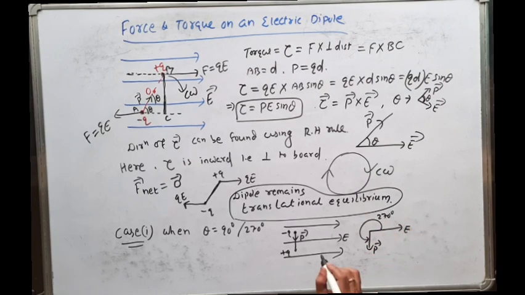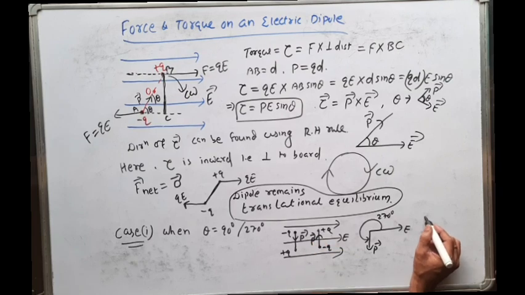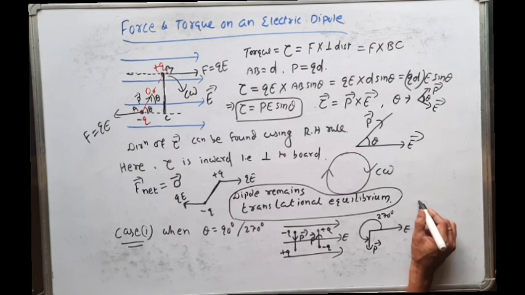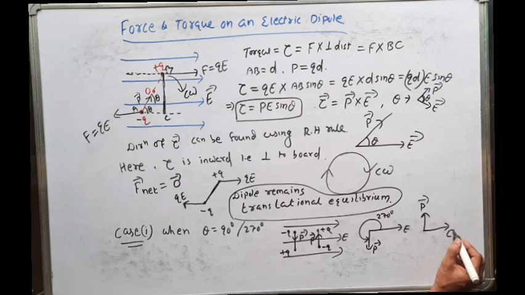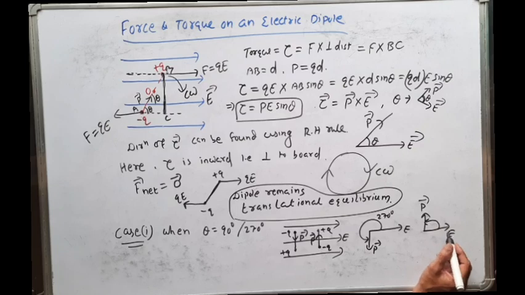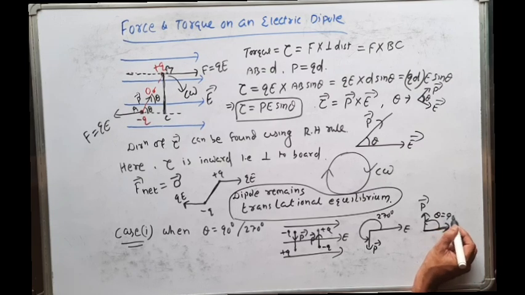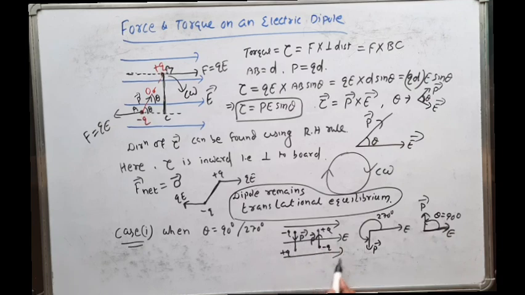270 degree. But if I will keep here minus q, here plus q, this is the direction of the dipole moment. So here P is upward, E is horizontal. So if we measure the angle in anticlockwise direction with taking E as the reference, so here theta is equal to 90 degree. So in this case, if we will keep a dipole perpendicular to the direction of electric field, what will be the torque?